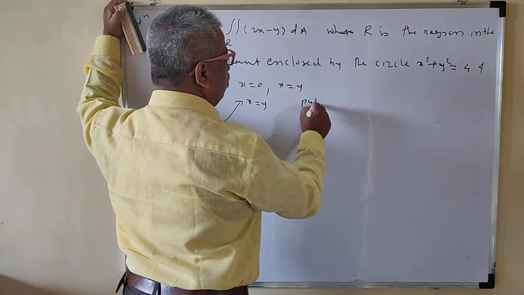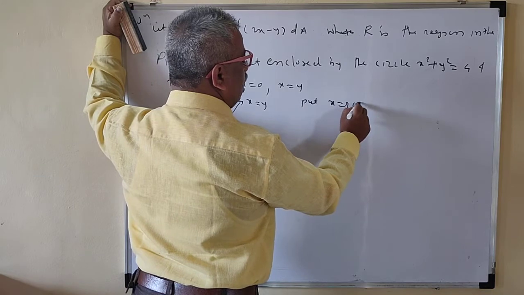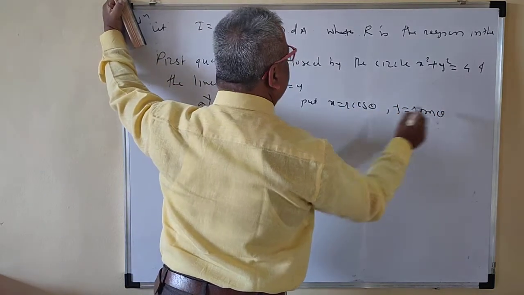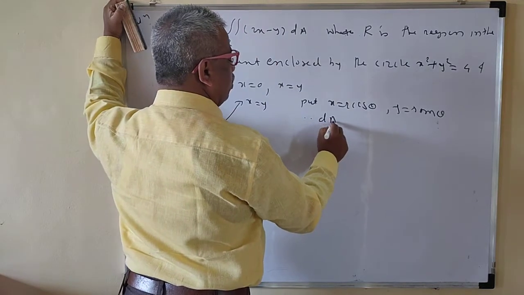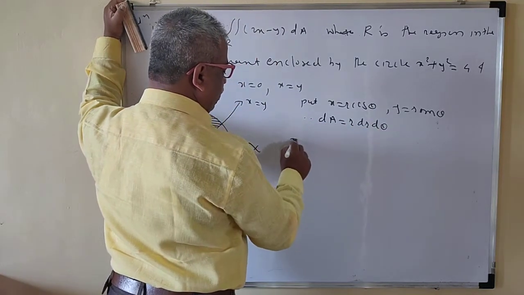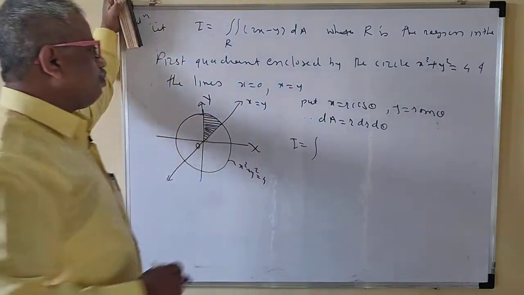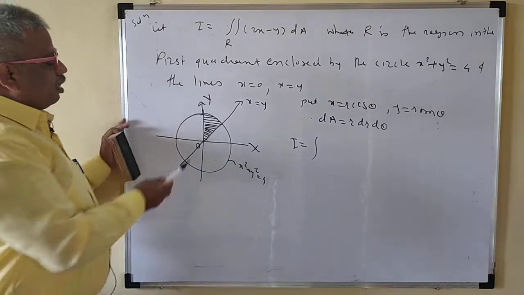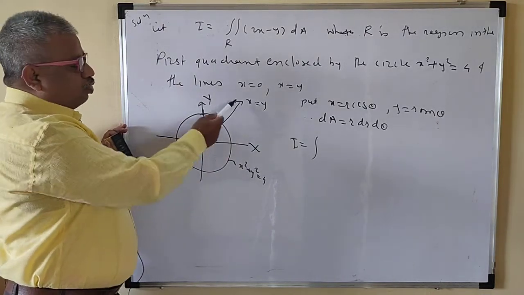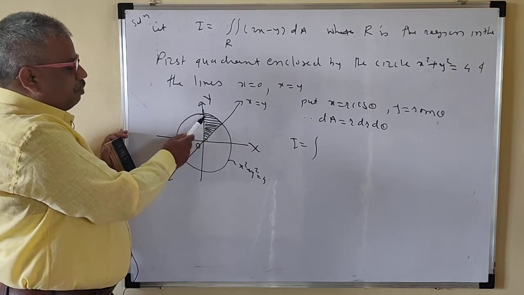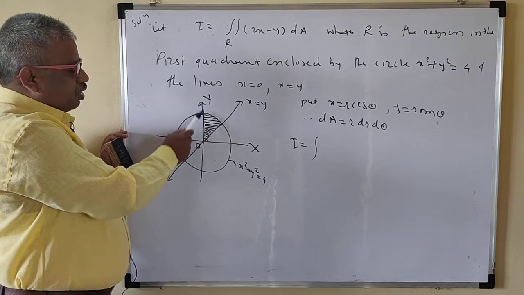In polar form we will put x is equal to r cos theta, y is equal to r sin theta. So therefore dA is equal to r dr d theta. Okay, so we will evaluate the integration by polar form. We will write the limit of theta first. Now your region is this, right? You know that this line bisects, that means up to this angle is pi by 4, and pi by 4 to this is pi by 2.